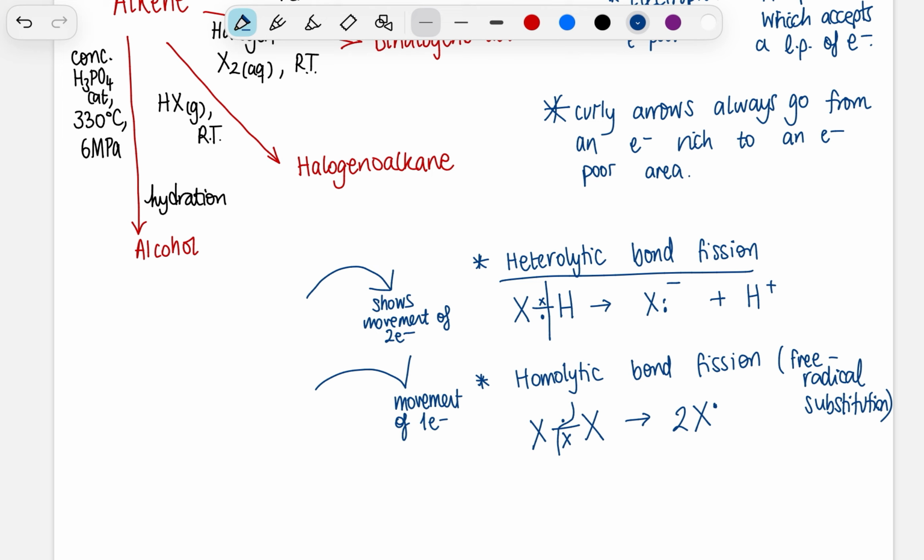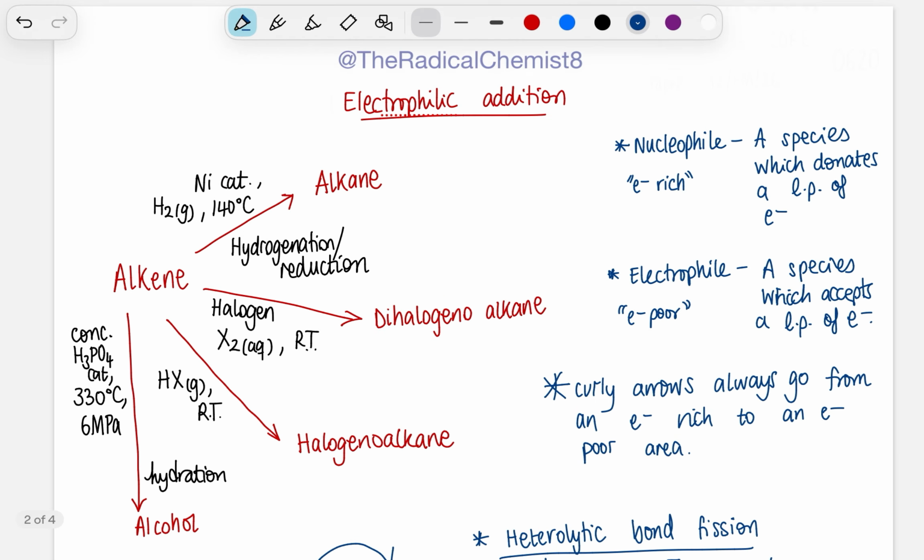So again, single-headed arrow would be for free radical substitution. So today we're going to focus on only heterolytic bond fission, and we're going to be using double-headed arrows to show this mechanism.